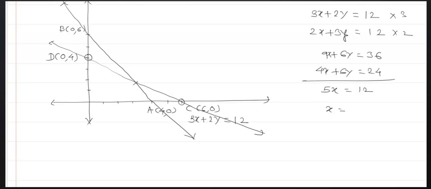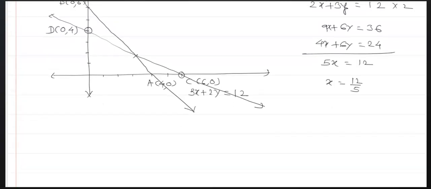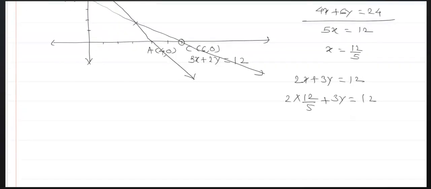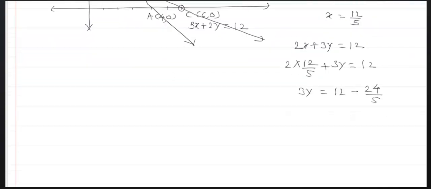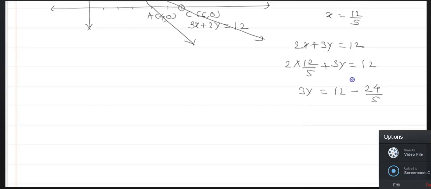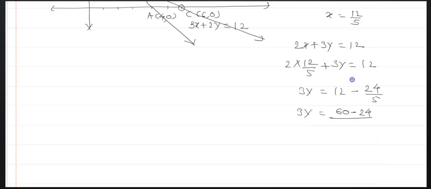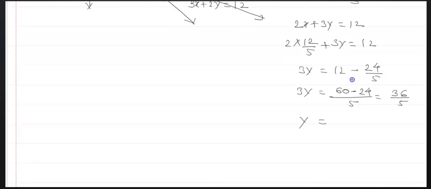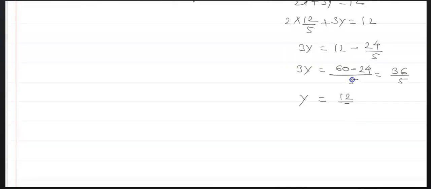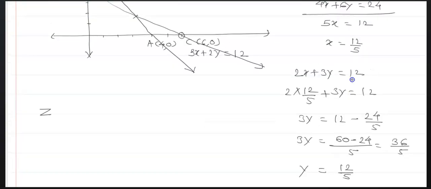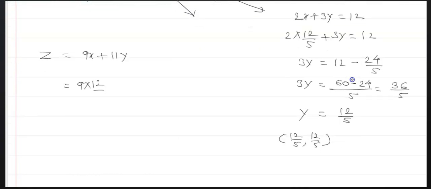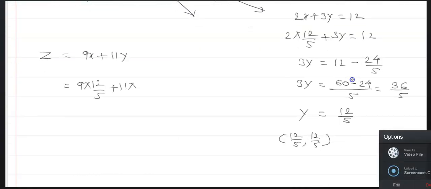Phi x is equal to 0, therefore x is equal to 12 upon 5, and so y is equal to 36 upon... that is 12 upon 5.